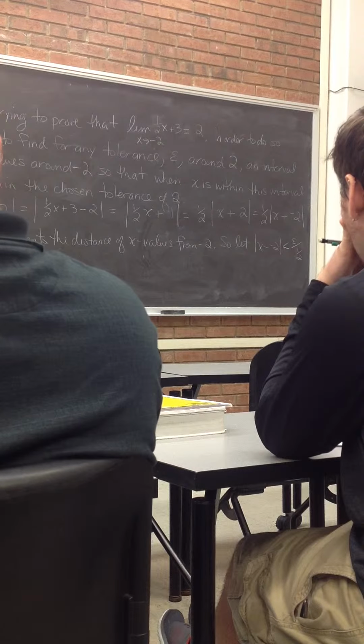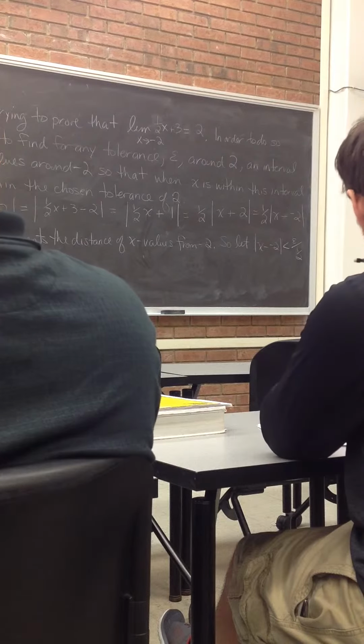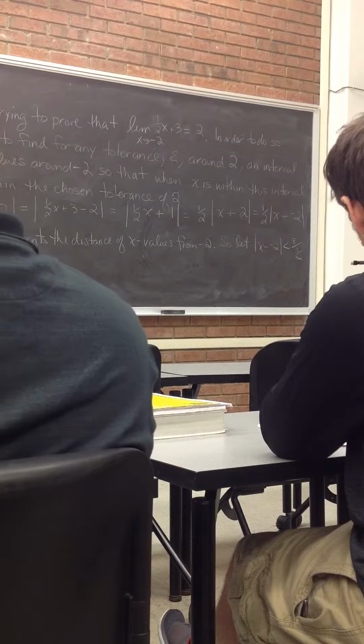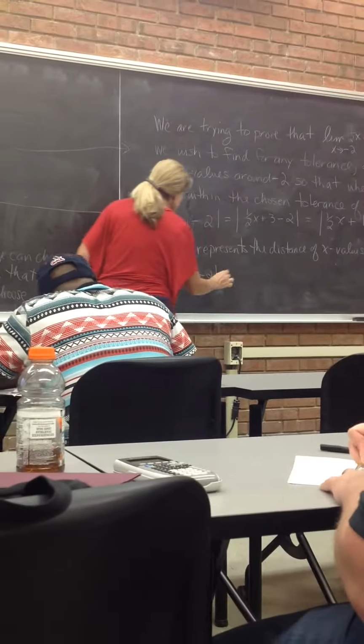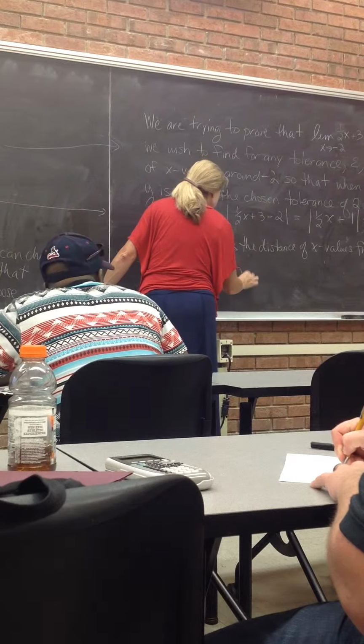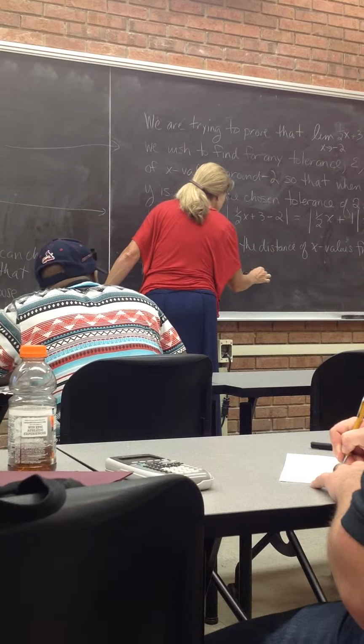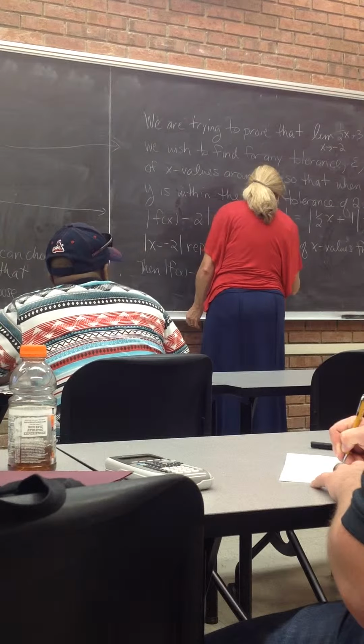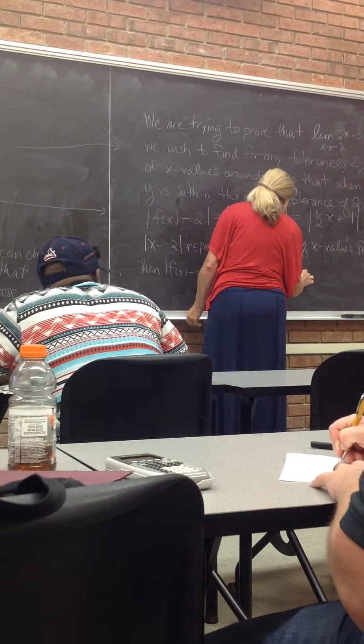Let that be less than epsilon divided by half. Then the function minus 2, we already showed equals a half. And it will be less than a half times epsilon over half.